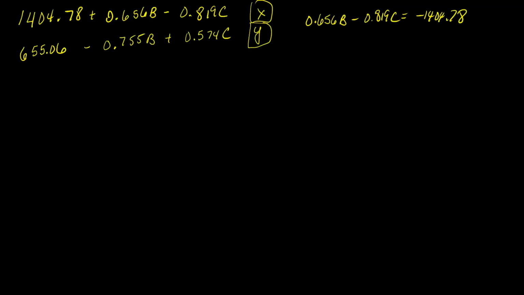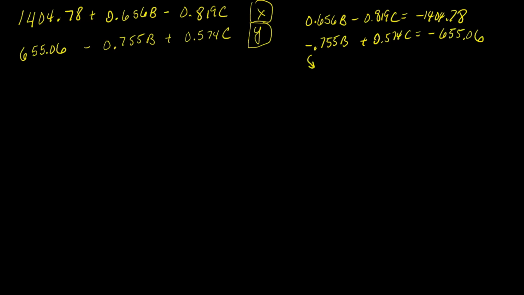And negative 0.755 B plus 0.574 C equals negative 655.06.